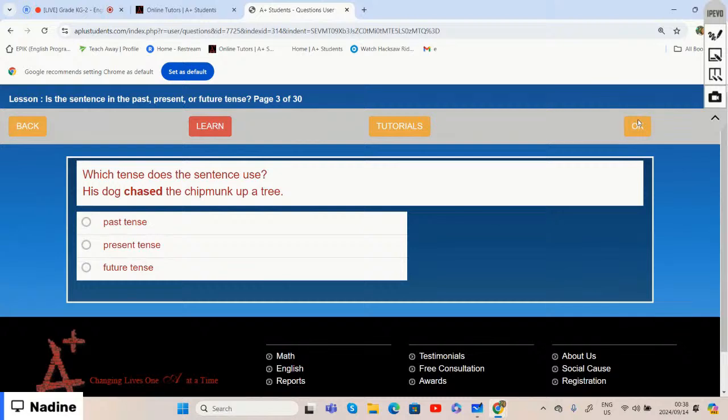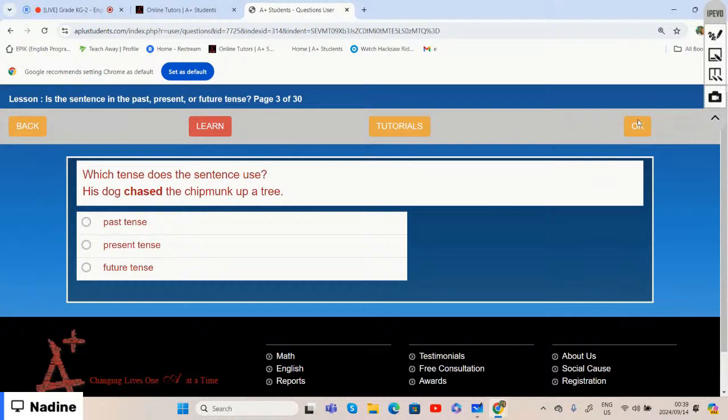His dog chased the chipmunk. Chased. Is chased past tense? Is chased future tense or present tense?